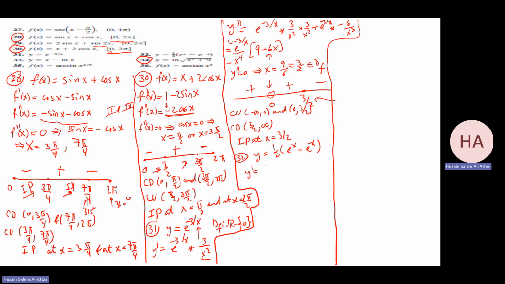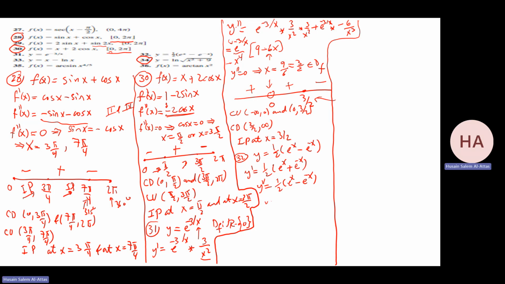y prime will be what? Half e^x plus e^(-x). By the way, this is also called cosine hyperbolic. We'll do it in section 5.9, the same thing. y double prime will be half e^x minus e^(-x).